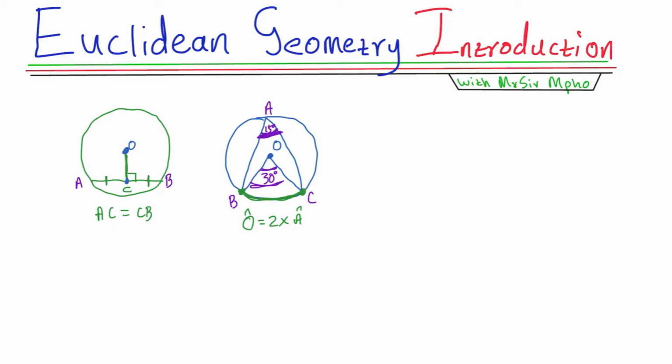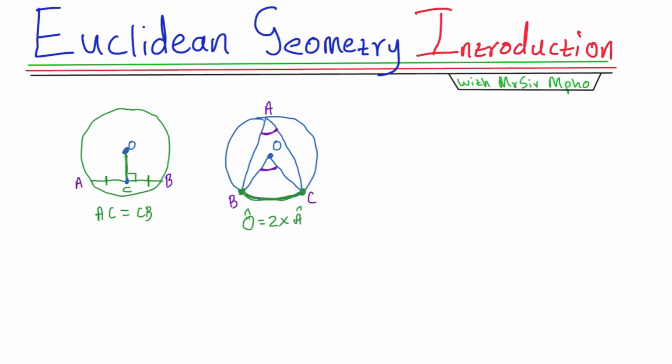Therefore, the angle at the circumference should be half of the angle at the center. Or you can say the angle at the center is twice the angle at the circumference. Does it make sense, guys? I hope it makes sense. So now we go to the next theorem. I'm just introducing these theorems.